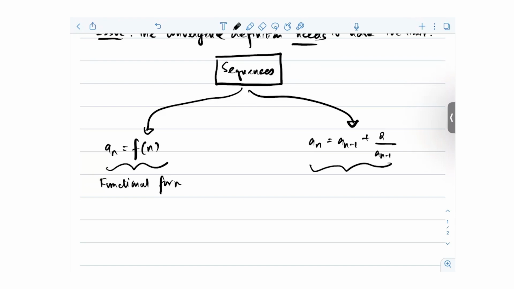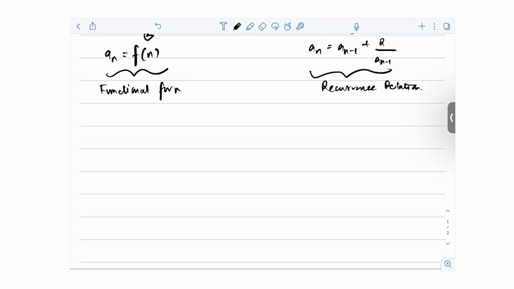It's called a recurrence relation, and I have talked about this in the last class. So we'll see how we can combine these two things together to approach the problem. We'll start with the first one, the functional form.